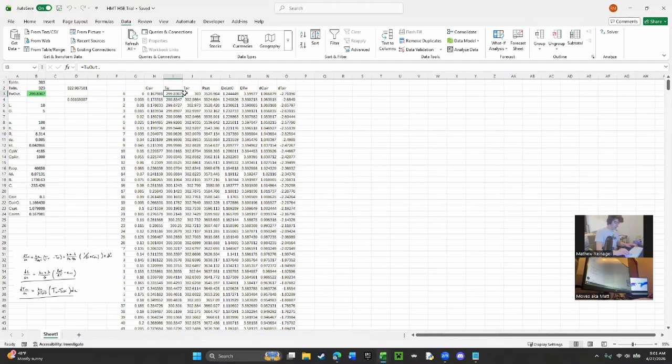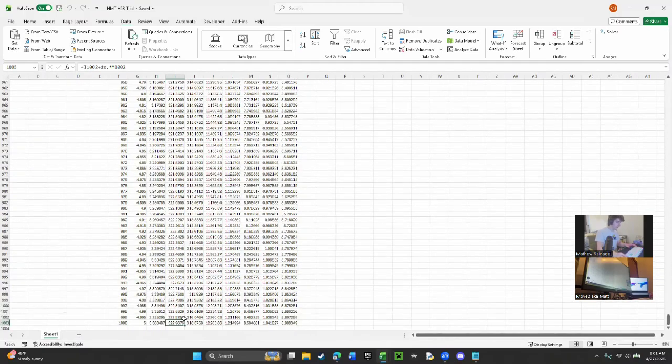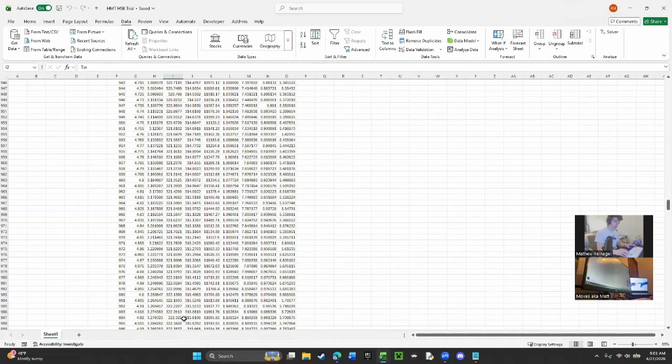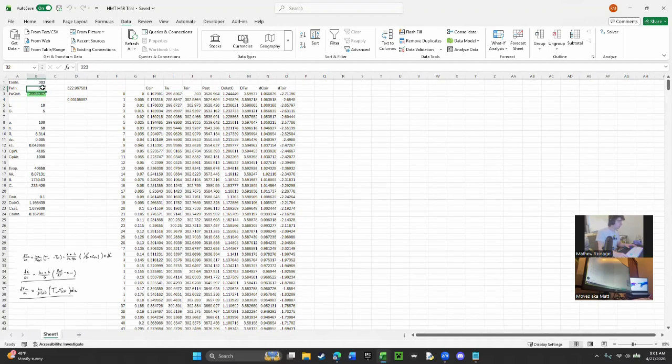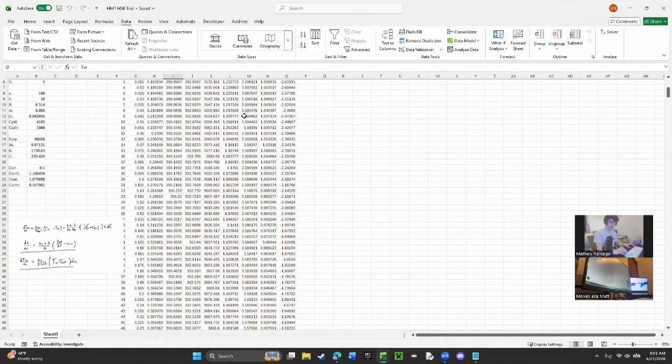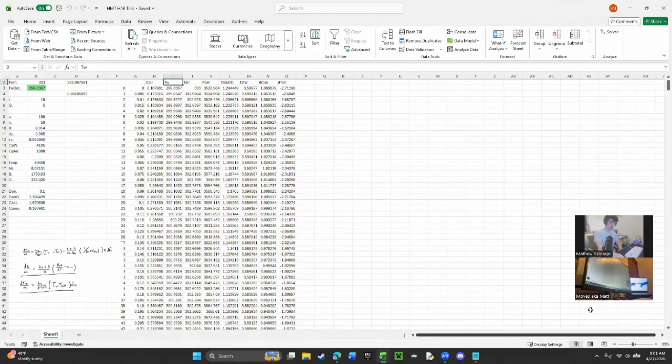And if I go all the way down here, look at that. We get almost 323 for the temperature of the water at the very bottom, which is very close to what we had over here, the temperature of the water coming in. So this is how we use the changes of water temperature, concentration, and air to solve for the missing temperature value for the cooling tower for water in this case.